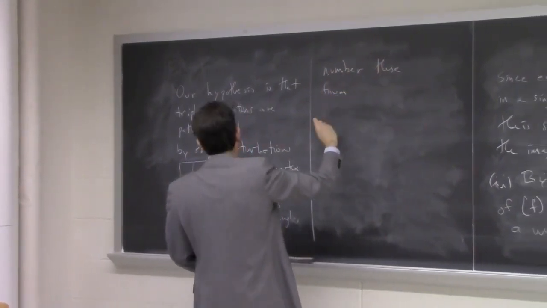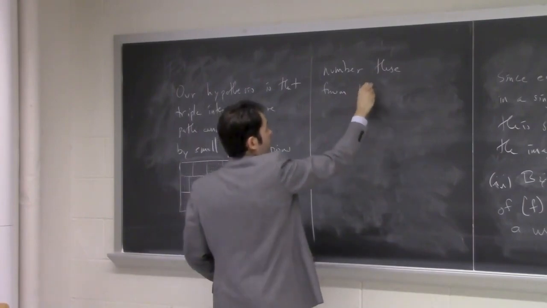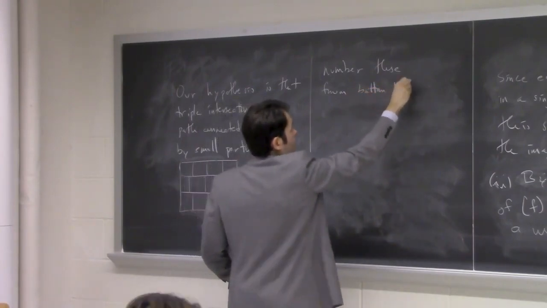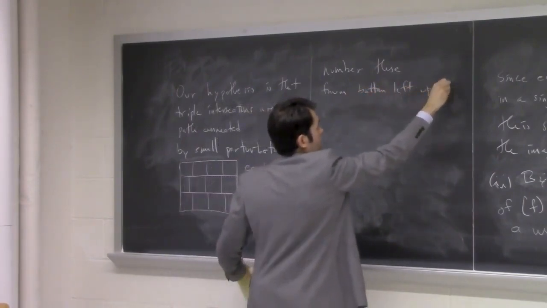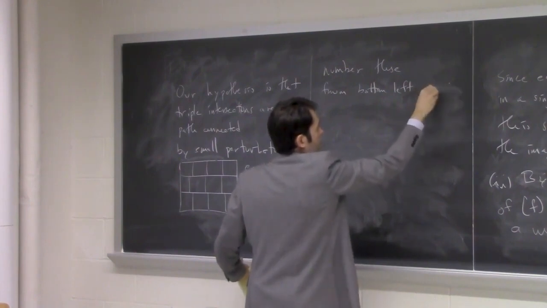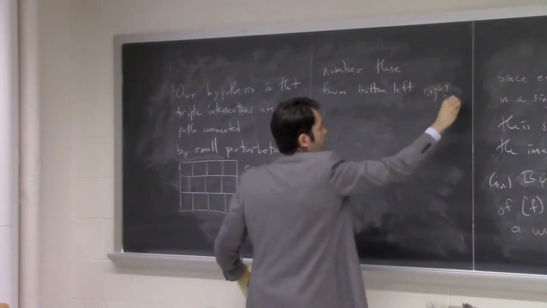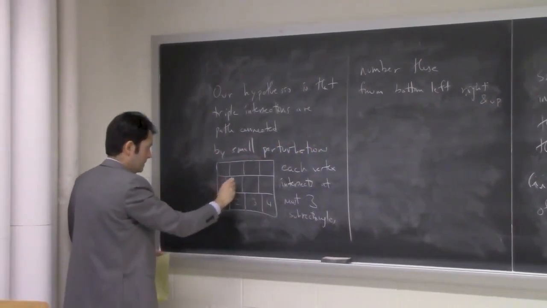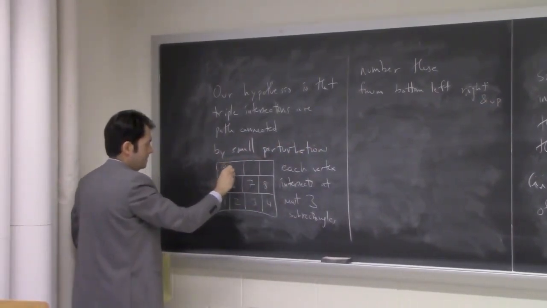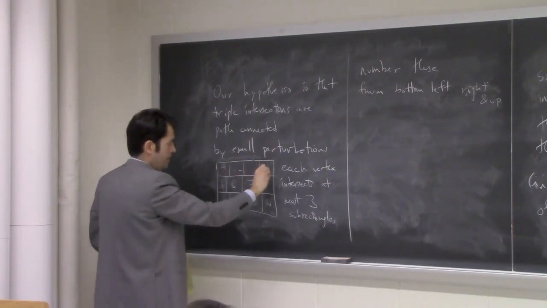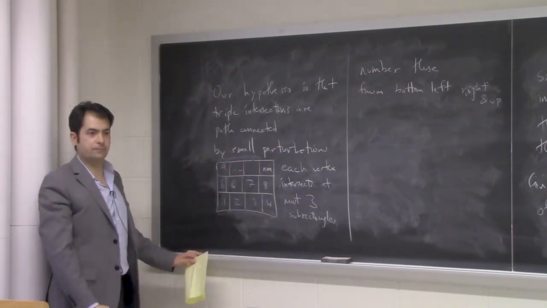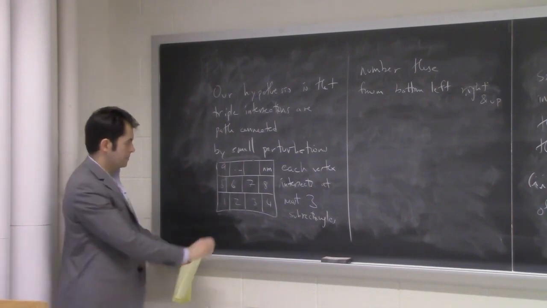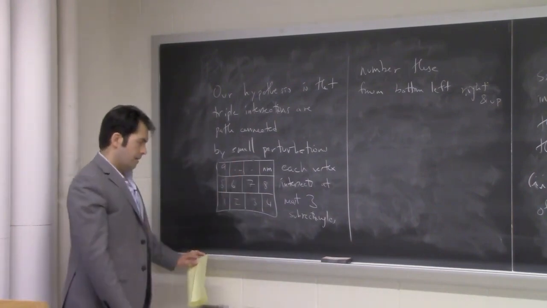Okay, so let's number these from bottom left upwards. Well, right, then up, right and up. It doesn't really matter too much, but let's go like this. And this is n times n.